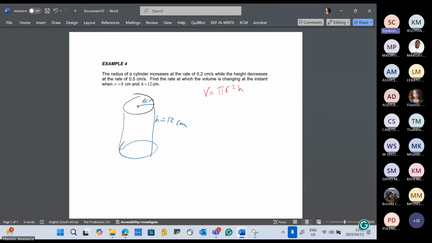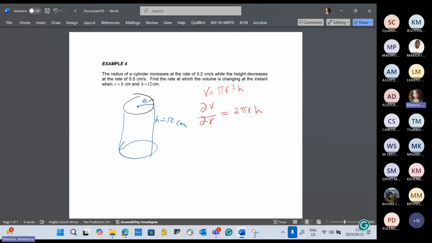And then from there, we do the partial derivative of V over the partial derivative of R, which is equal to 2 pi RH.